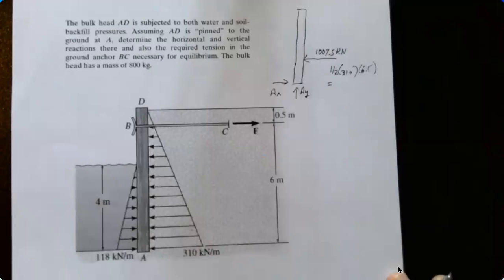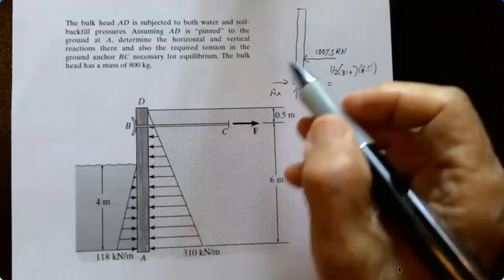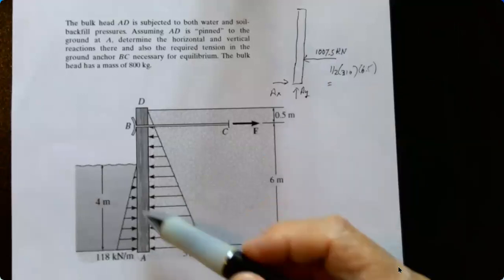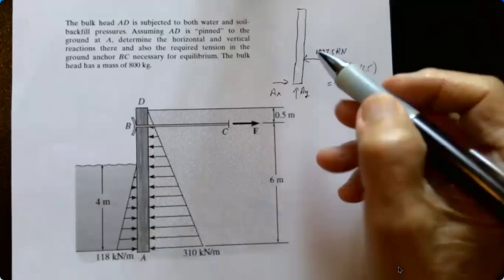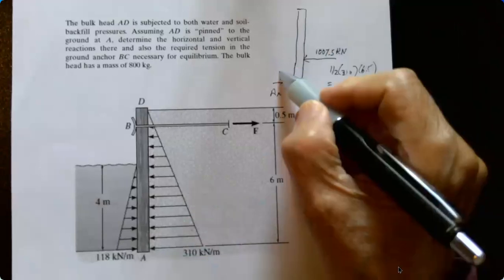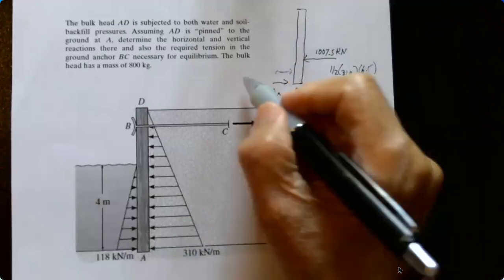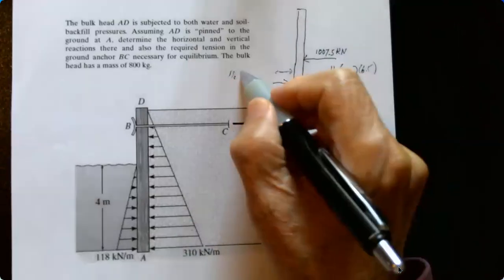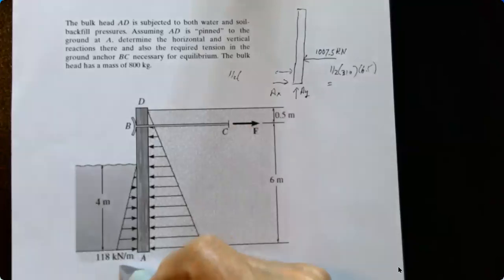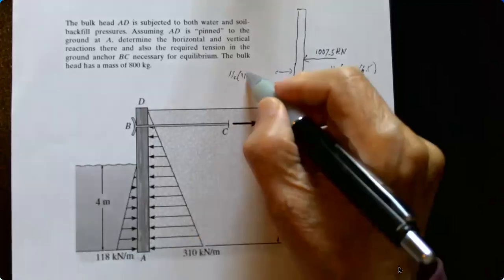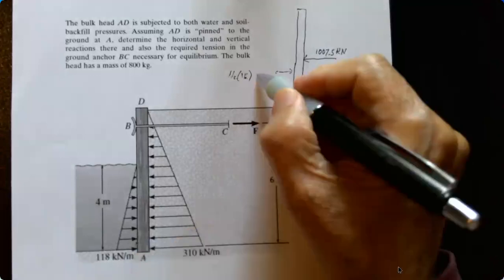And then you're going to have the water pressure. And the water pressure is acting 4 meters high, so the water pressure is over here. And again, it's 1/2 the base, which is 118, times its height, which is 4 meters.